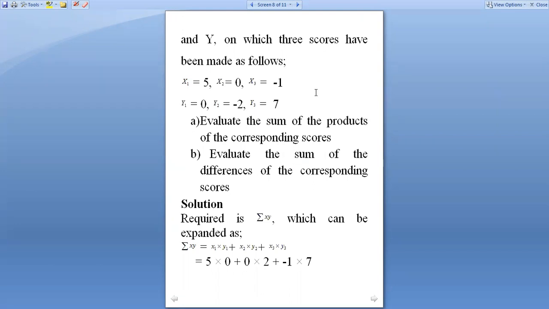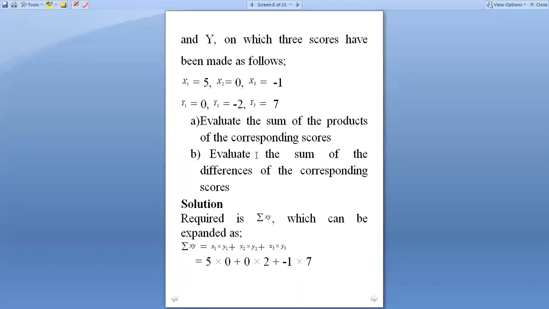When they say corresponding observations, it means they are pairs. X1 goes with Y1, X2 goes with Y2, and X3 goes with Y3. That is the corresponding we are talking about. The same applies when they say evaluate the sum of the differences of the corresponding observations.